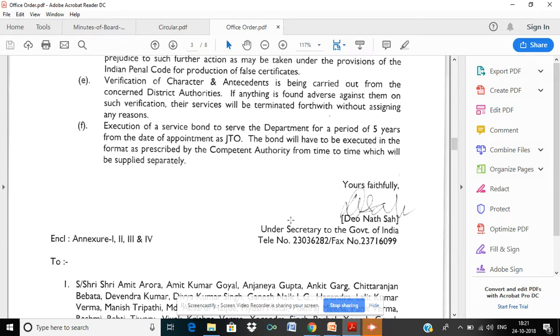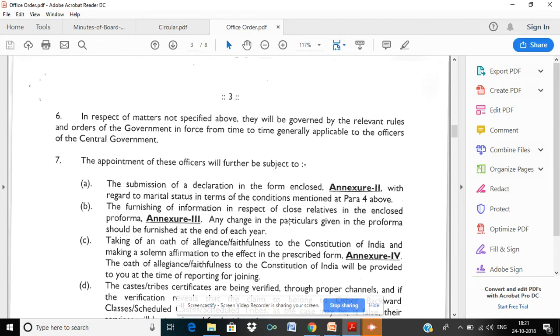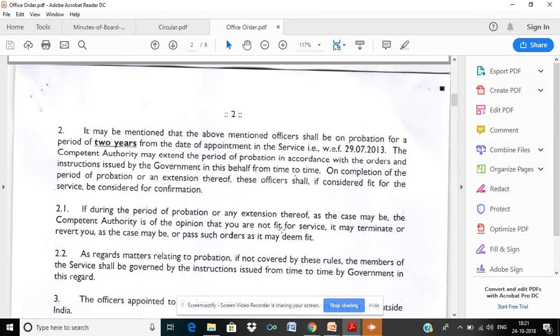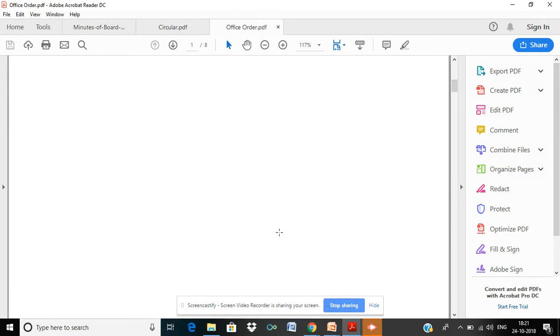Okay, so generally in an office order, it is written there, office order, and then for what kind of purpose that office order is issued must be written.